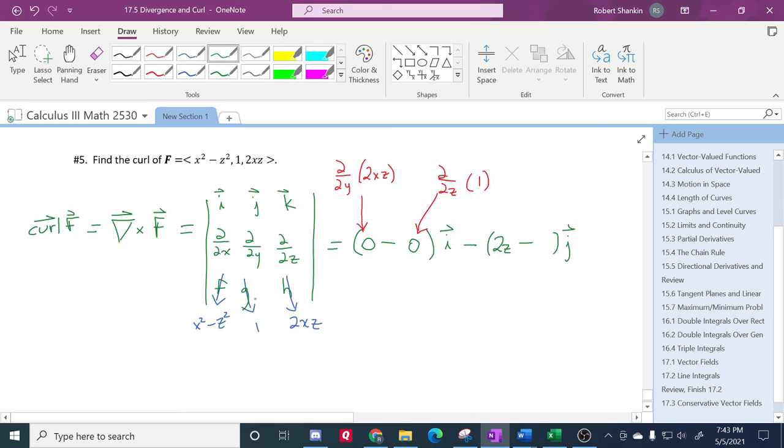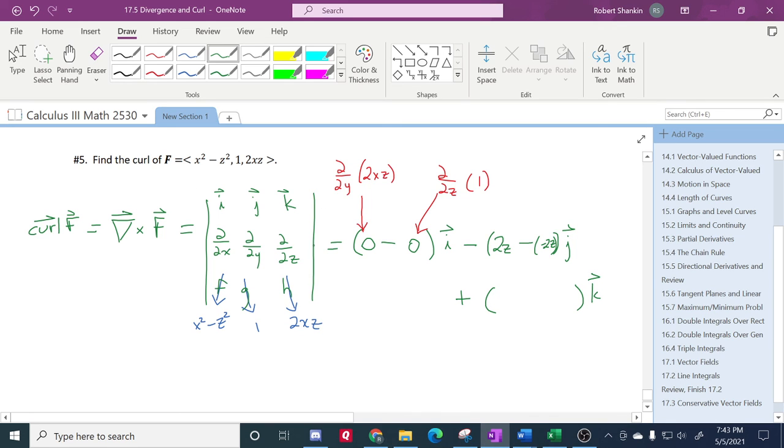The x squared goes away, you get minus 2z. Then plus something times the k.